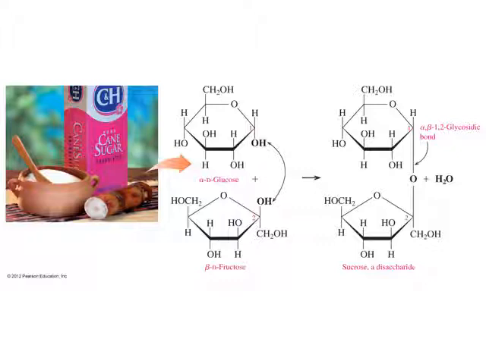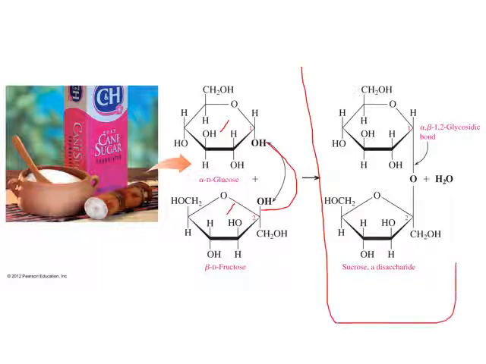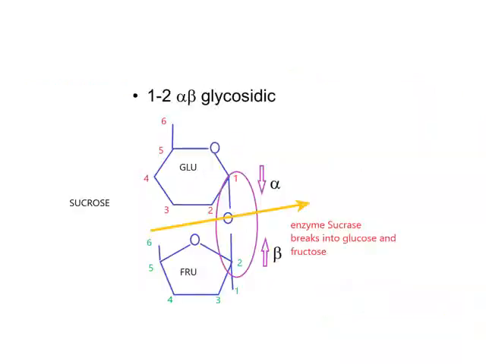Here's glucose and here's fructose, and they combine together to form this guy over here. Notice the number 1 carbon of glucose combines with the number 2 carbon of fructose, so it's called 1,2. It goes down, which is alpha, and goes up, which is beta, so it's called alpha beta 1,2 glycosidic bond.